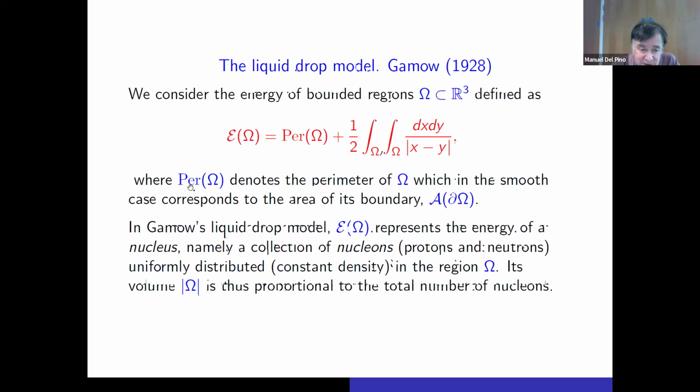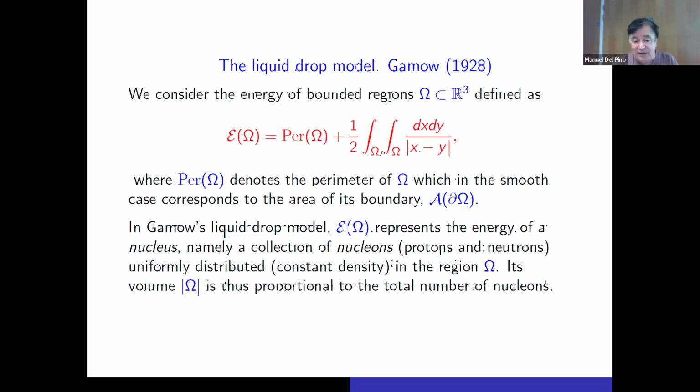As I mentioned, the perimeter denotes simply the area of the boundary, at least when omega is smooth. In Gamow's liquid drop model, this energy represents the energy of an object called a nucleus.